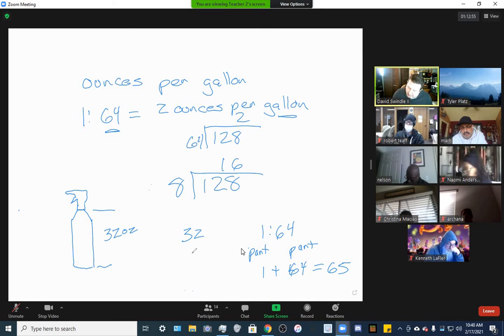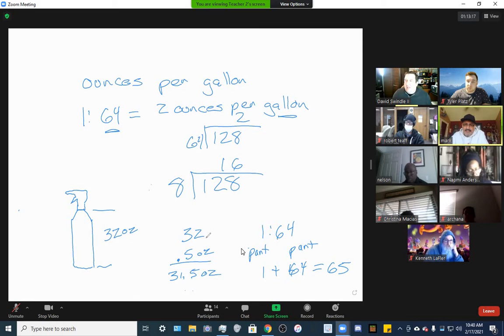So I'm going to use 0.5 ounces of chemical, but I'm going to subtract it from that 32. So I'm going to have 31.5 ounces of water and a ½ ounce of chemical. So it fits in there. See how we did that? Right. Okay. That's why this becomes a little trickier.